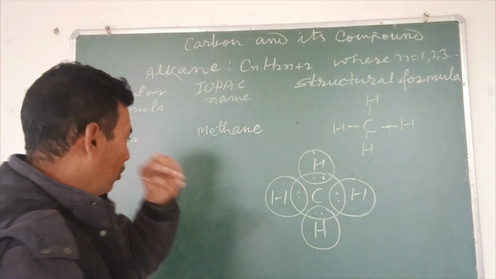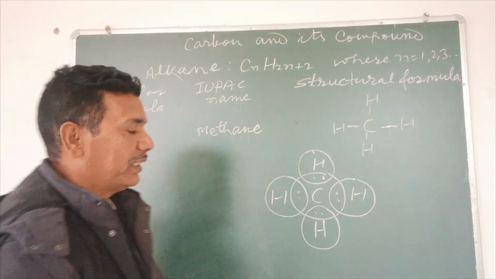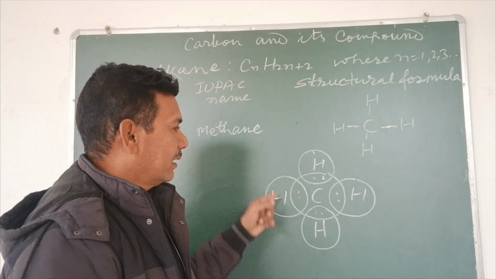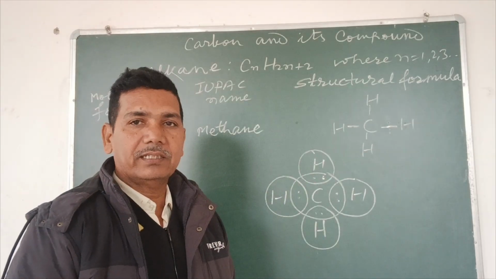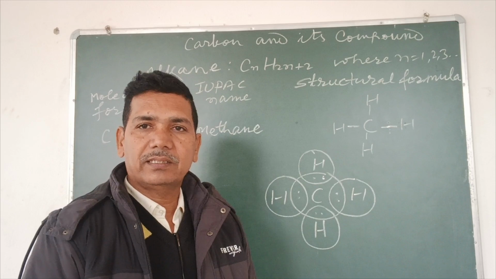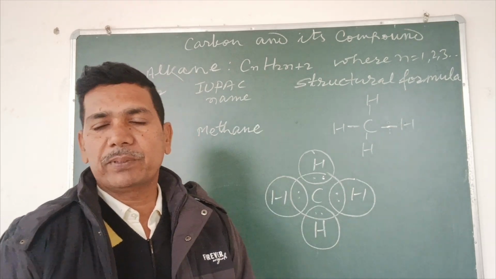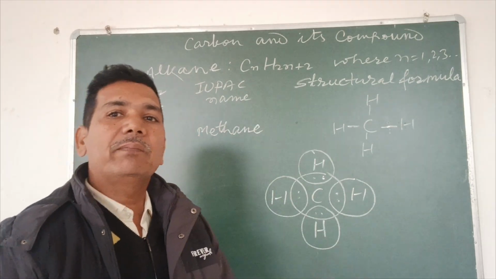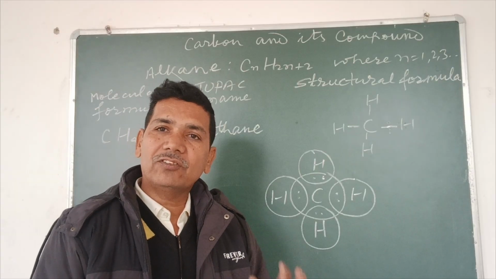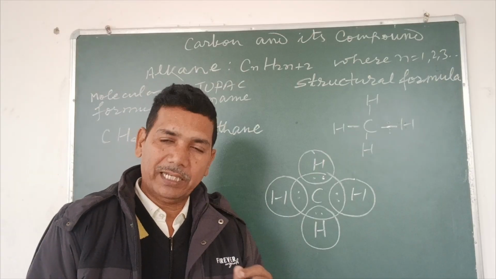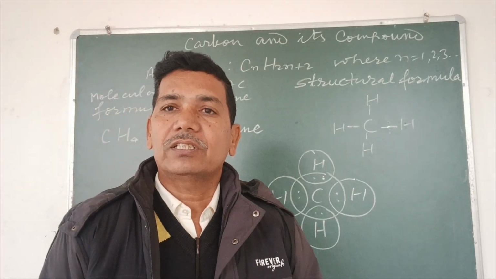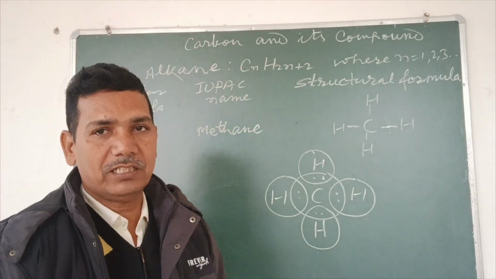This is the electron dot structure of methane. Carbon has completed its octet, and hydrogen always completes its duplet. Hydrogen always completes a duplet, and the remaining atoms complete an octet. In this manner, even in a covalent bond, each atom obtains the structure of its nearest inert gas.